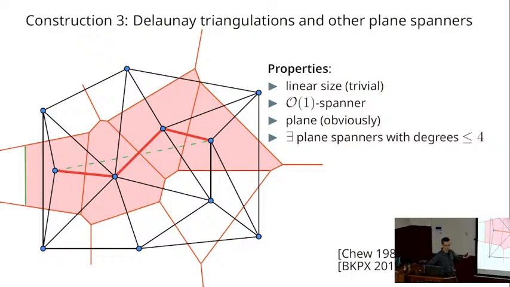It's maybe also intuitively clear why the Delaunay triangulation should be an O(1) spanner: if you look at the direct connection between these two vertices and at the Voronoi cells intersecting it, then it should be possible to construct a path using those. And that is indeed true, and therefore you have an O(1) spanner. There's lots and lots of work on plane spanners, a lot of it focusing on spanners with bounded degree. For instance, there's a plane spanner with degree at most 4.